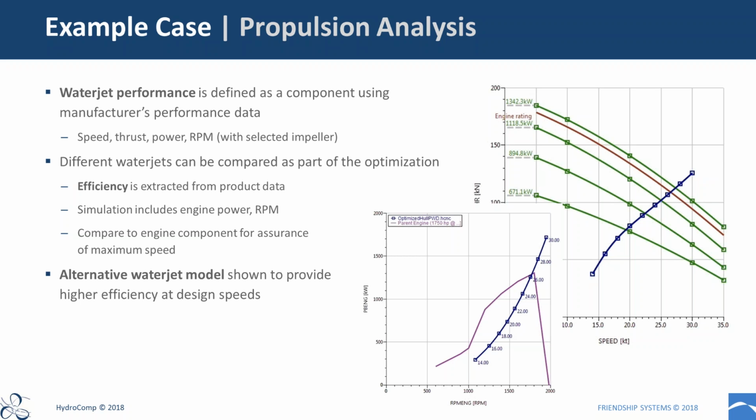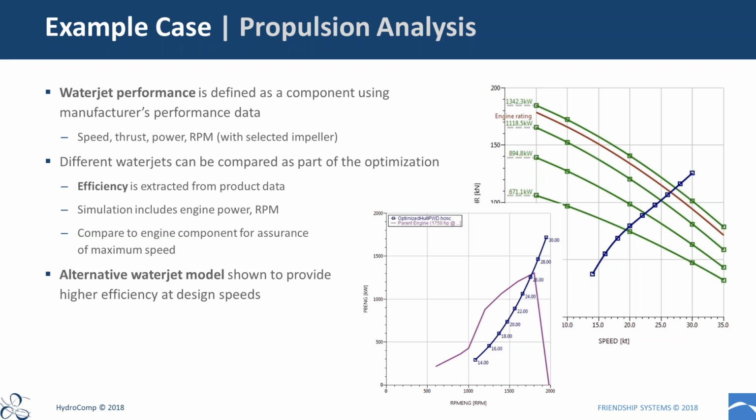Even so, we can use different water jets as part of the optimization, because once we have improvements in the hull form, we can look at that improved hull against our collection of available water jets and find the water jet that achieves the highest efficiency at that speed. One characteristic of analysis with water jets that's often missing is that the speed, thrust, power, RPM data that is given needs to be evaluated in a different form in order to extract propulsor efficiency from it.